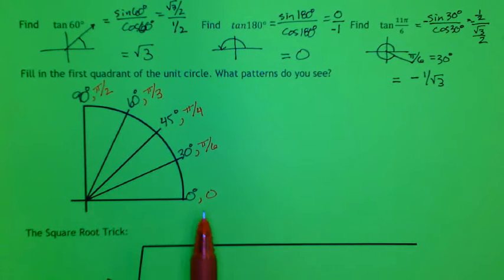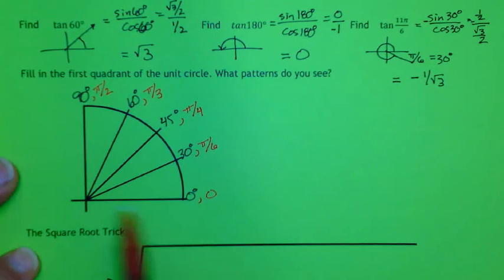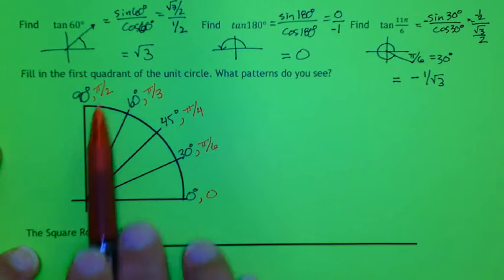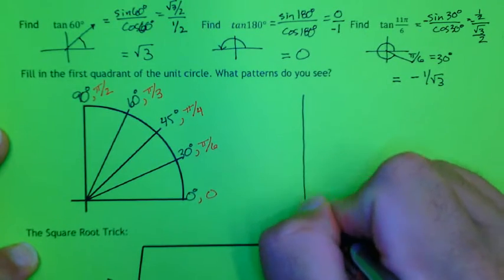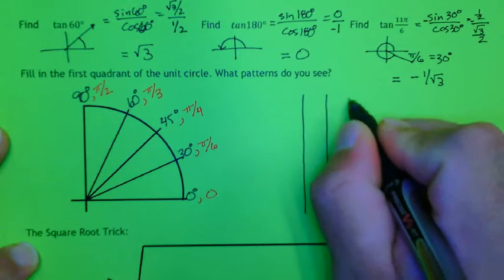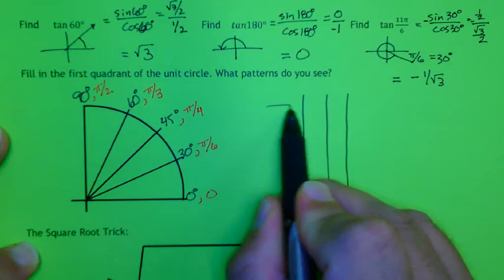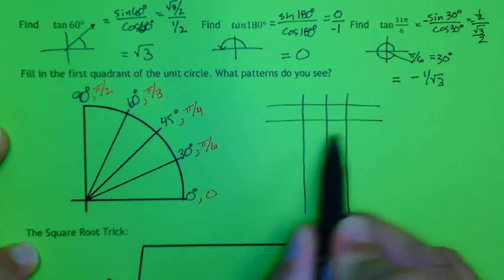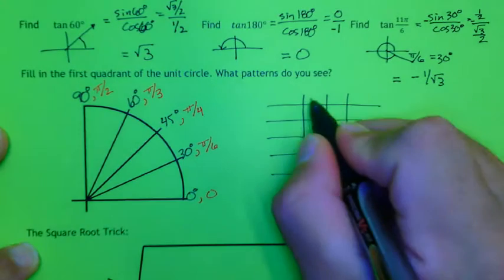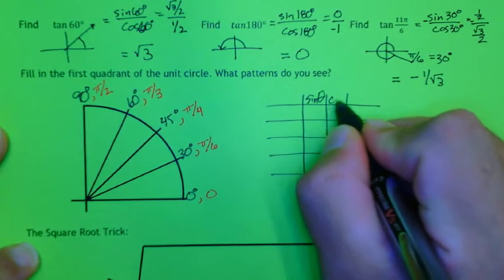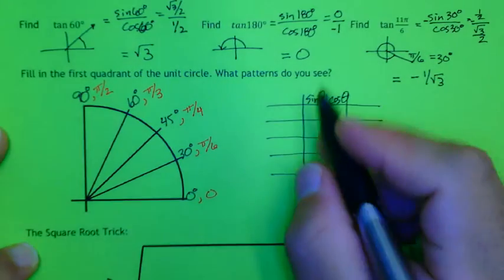Okay. Now, in terms of what are going to be the values of the coordinates that go with this, it becomes much easier to set up our table. Right. We can come over here and say, let's get our table going. We know we're going to have the sine of theta and the cosine of theta.